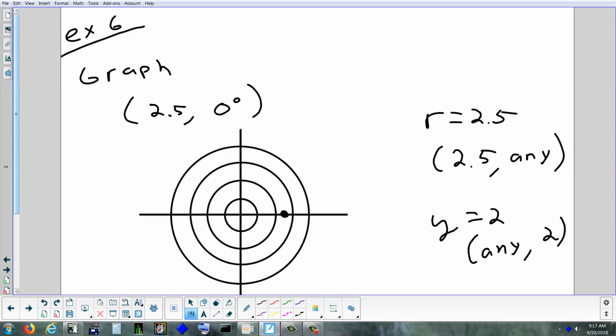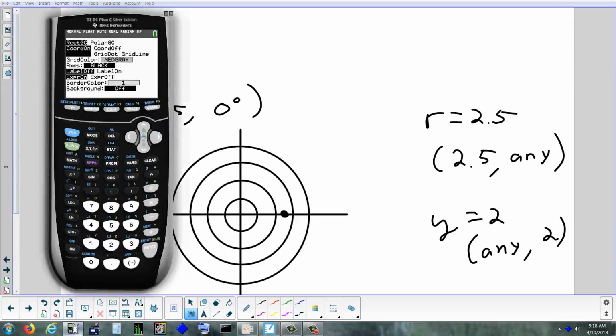So r equals 2.5 is every single point with a radius of 2.5. This is just one specific point with an angle of 0. Does that make sense? Okay. So there really is no way to graph a point on the calculator. Same thing in xy. You can't really plot a point. Now, you can kind of cheat if you go to second draw.